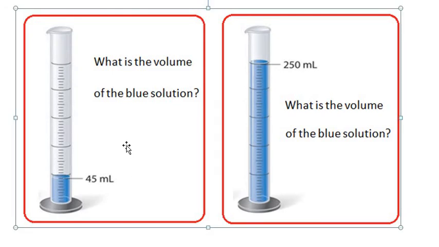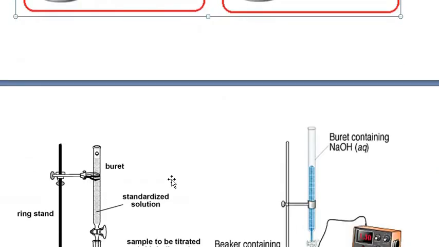Don't put your eye above or below. This is an error. You must put your eye here, horizontally. This is also a volume of 250 milliliters. Also put your hand here while reading the volume.